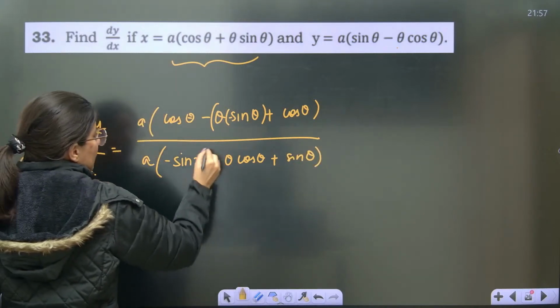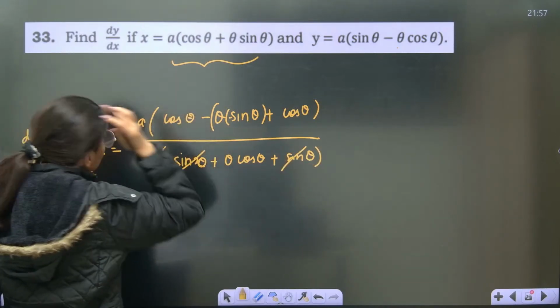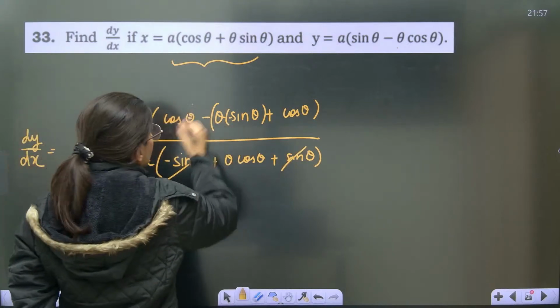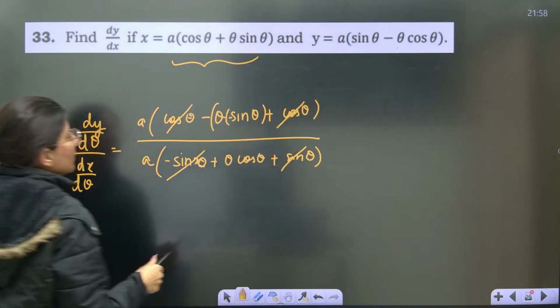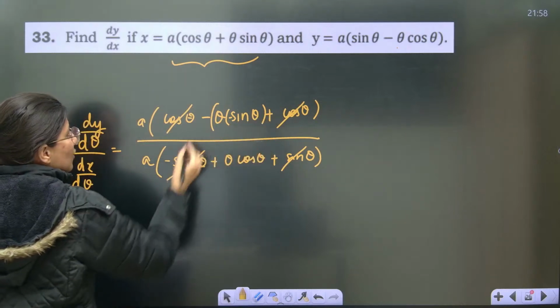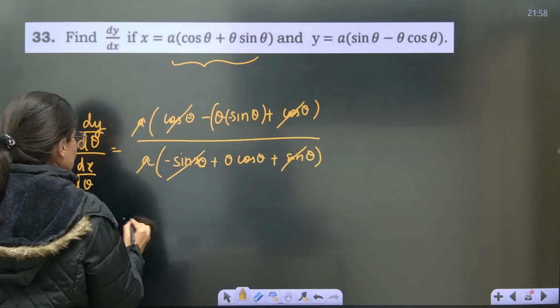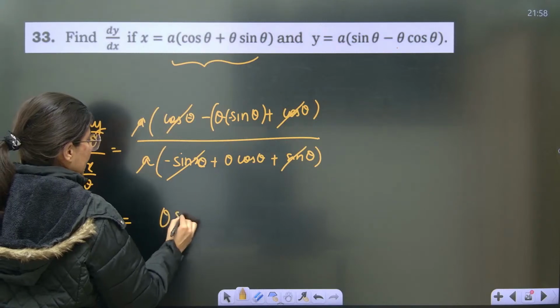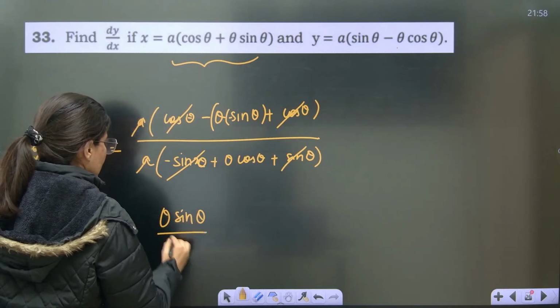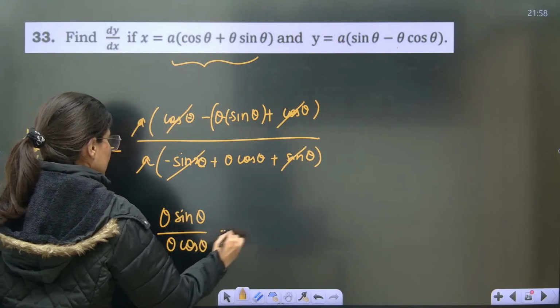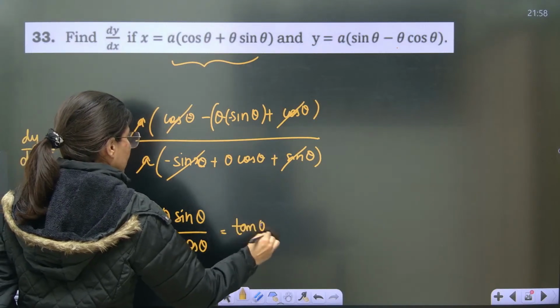This is sin theta. So clearly these two are gone, and here these two are gone, because minus and plus will be minus. A also cancels. So this is coming out as theta sin theta upon theta cos theta. This is tan theta.